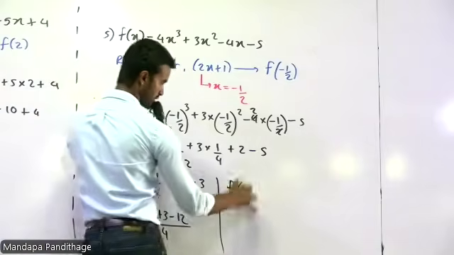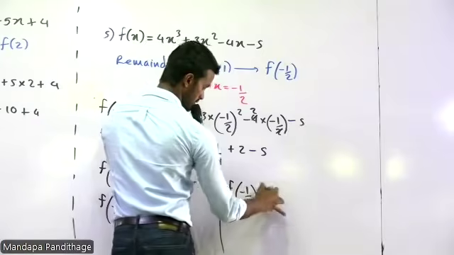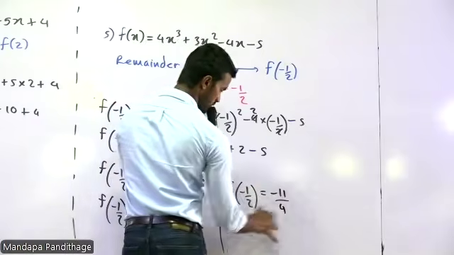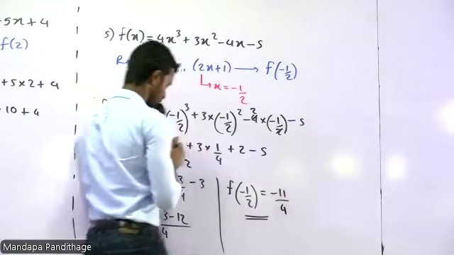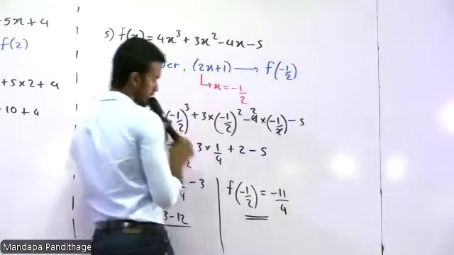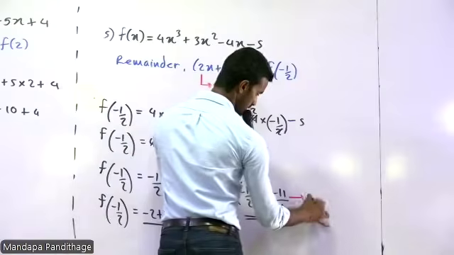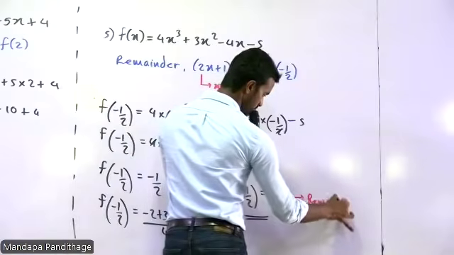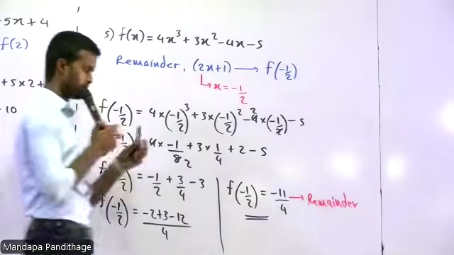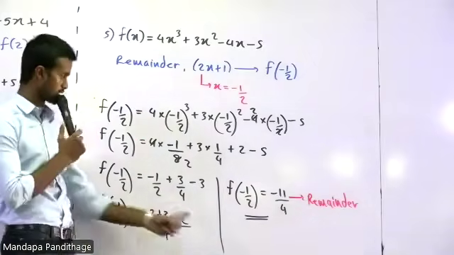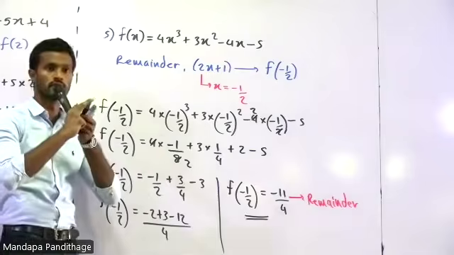So f minus half is equal to minus 11 over 4, and that's the remainder. Okay, so when you divide fx by 2x plus 1, I'm getting a remainder of minus 11 over 4. Okay, hands up who got minus 11 over 4 then.